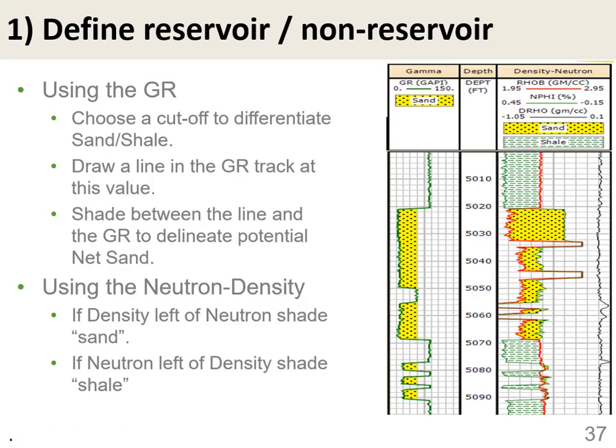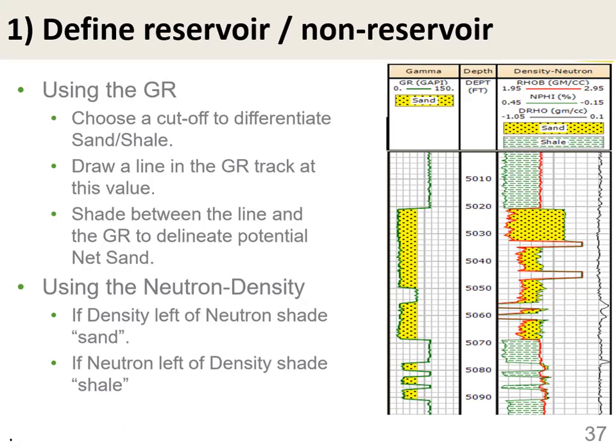of the shale cutoff line are regarded as non-reservoir rock, and this is reservoir rock, and this is complemented by using the neutron density.